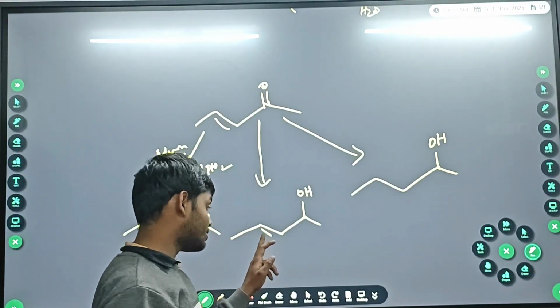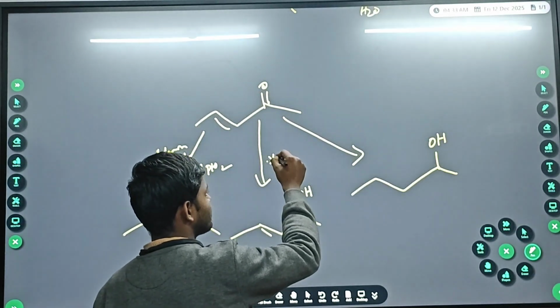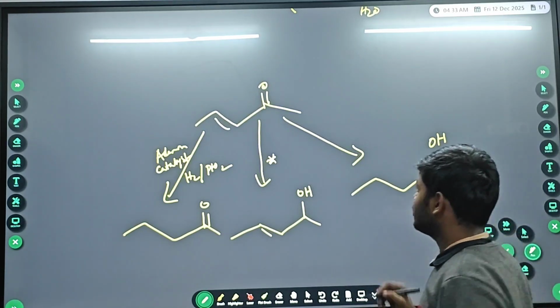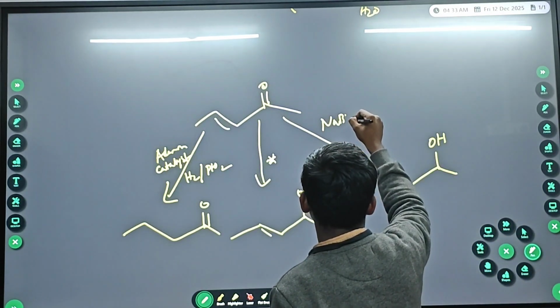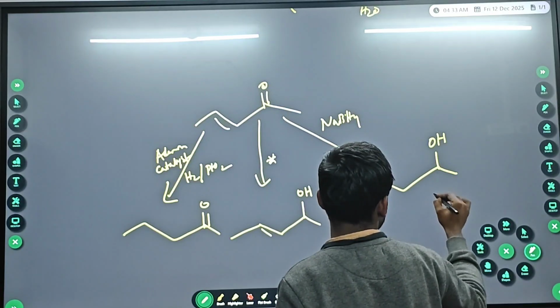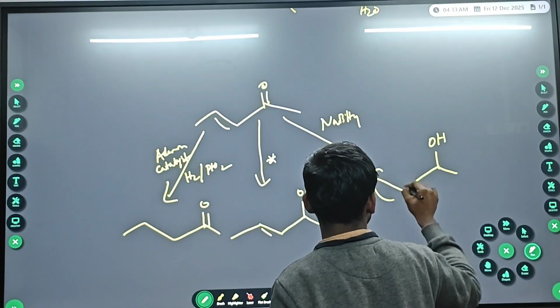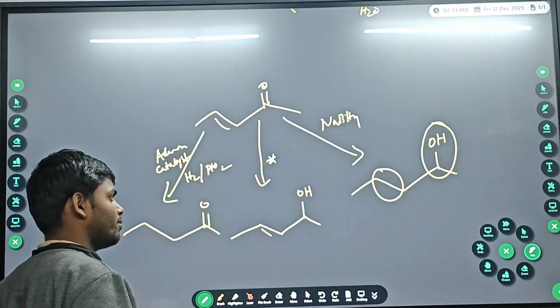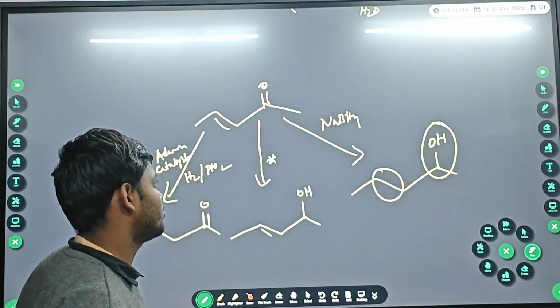This is very important, and this also very important. If we use sodium borohydride, the sodium borohydride directly reduces this portion also and the ketone portion also. The double bond will reduce to a single bond, and the ketone will reduce to alcohol.